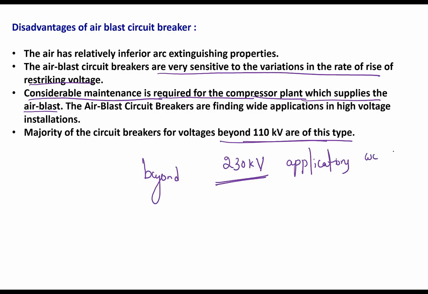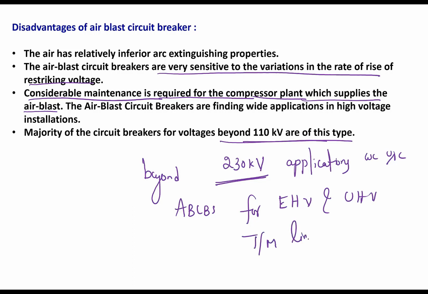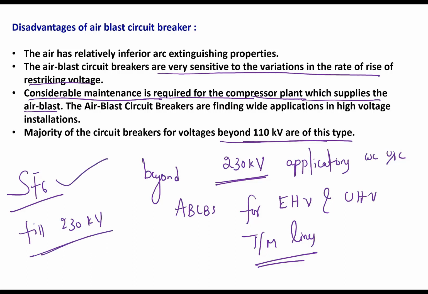We use ABCB, air blast circuit breakers, for extra high voltage and ultra high voltage transmission lines, because the best circuit breaker is SF6. So up to 230 kV, SF6 is the ideal circuit breaker. Beyond this, we can go for air blast circuit breakers.